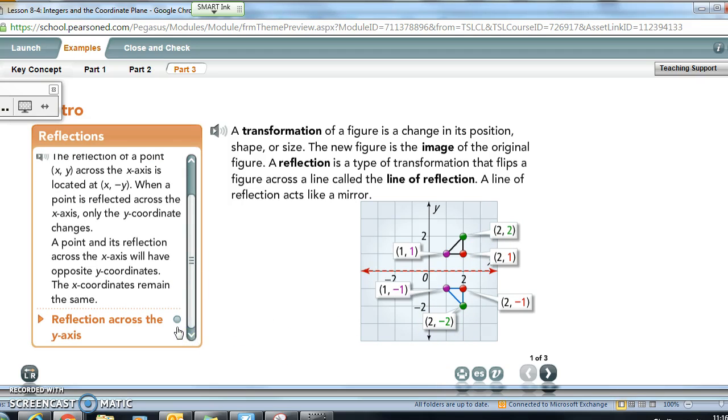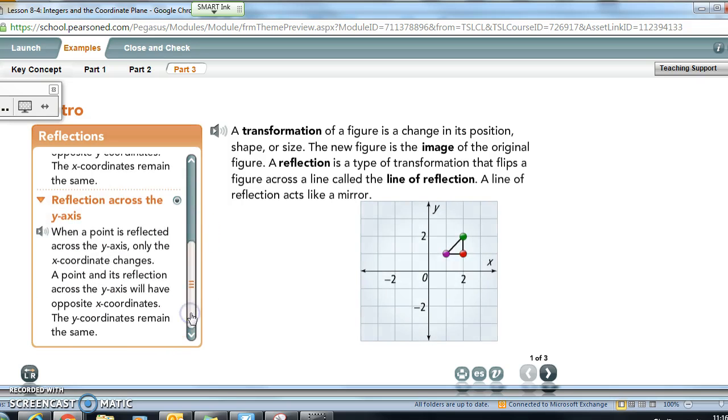Now let's look at the y. What happens if we reflect across the y? Reflecting across the y-axis makes a mirror copy of the original figure on the other side of the y-axis. The coordinates of the original figure are 1, 1. The coordinates of the image are negative 1, 1.